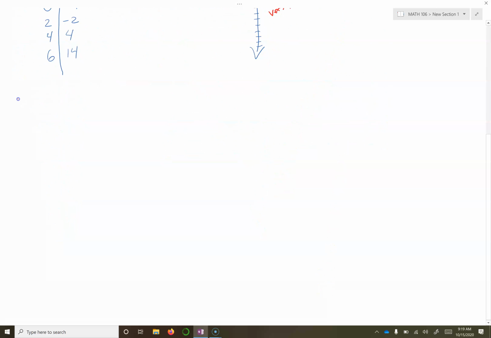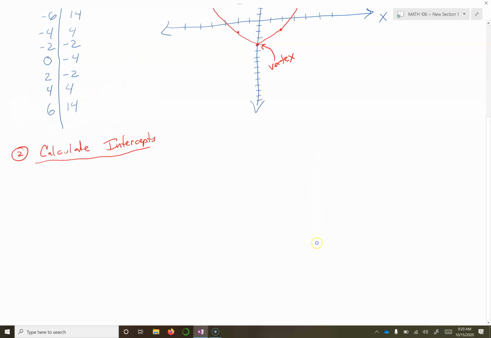All right, the second method, and this is a method that's going to help you determine specific locations on your graph, is we want to be able to calculate intercepts. Okay. Now, what do I mean by intercepts?